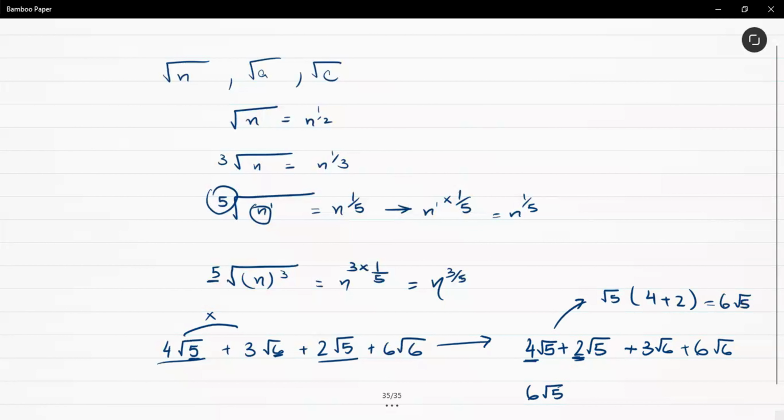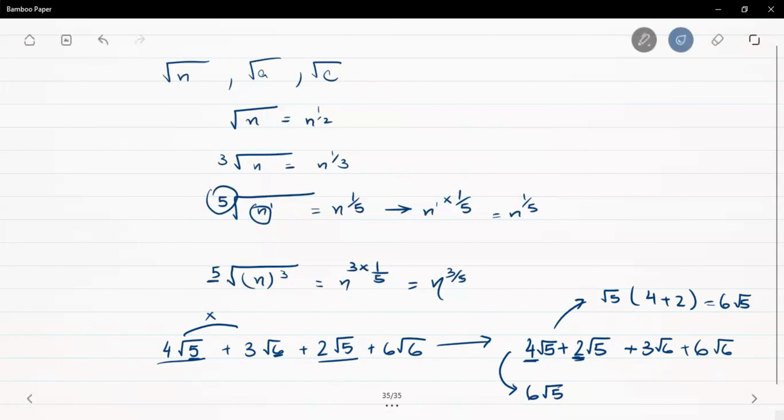So try to understand these rules so that you can easily solve any questions. Now people make really silly mistakes regarding these type of questions, and for that the only thing I can tell you is practice a lot because practice makes your math perfect.